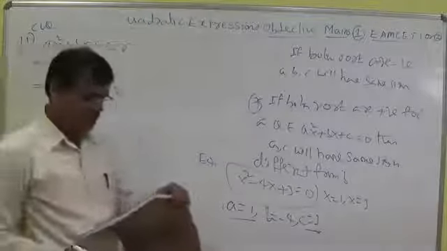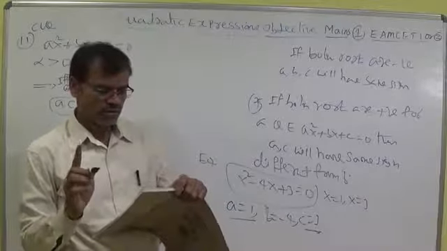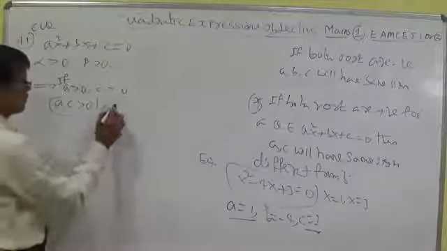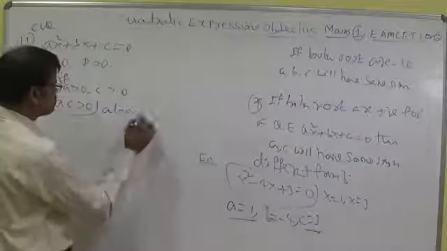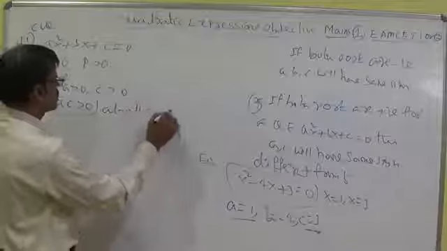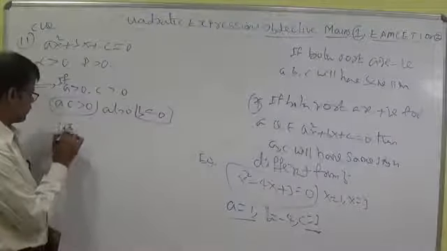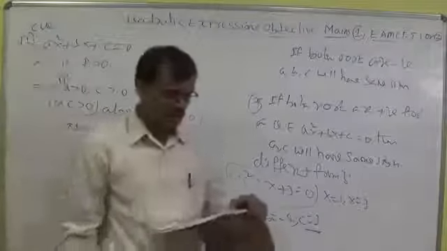How many options contain ac greater than 0? First two or third, delta greater than 0. And also, because this is different from b, b less than 0. If a greater than 0 and c greater than 0, b is 100% less than 0. Therefore ab less than 0, because plus into minus concept.